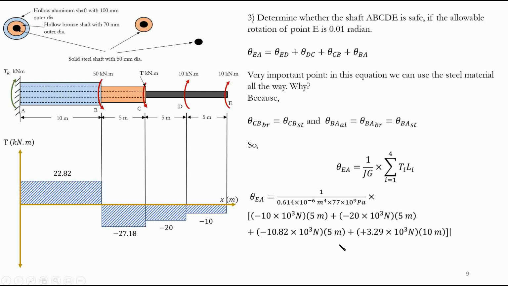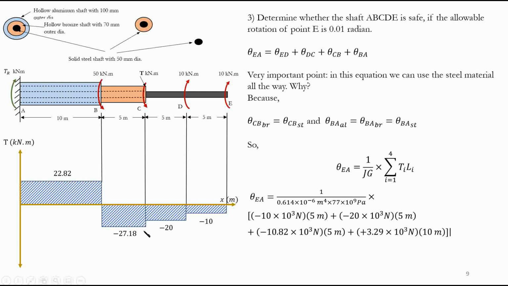Now in this case, you would say, okay, should I use 27.18? Why did I use 10.82? The reason is, if you remember, what am I trying to find? I'm taking theta BA steel, or theta CB steel. For theta CB steel, what is the formula? It's T steel CB.